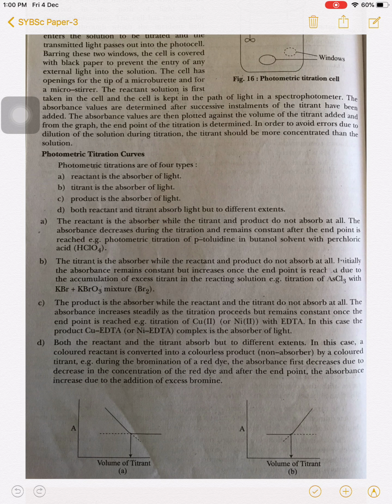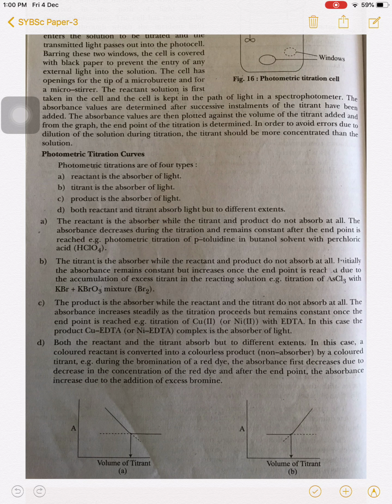Now see this graph A, the absorbance goes on decreasing during the titration, and after a certain volume of titrant added, it remains constant. So that sudden change to constant, that is the change in the absorbance values, is nothing but the end point for that titration. An example is the titration of para-toluidine in butanol solvent with HClO4, that is perchloric acid.